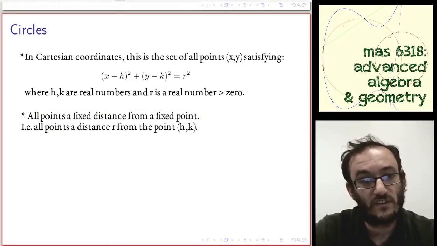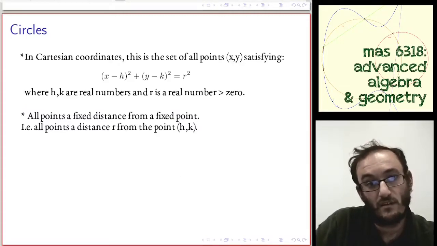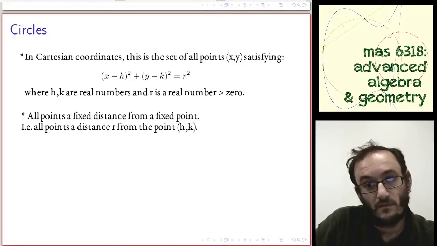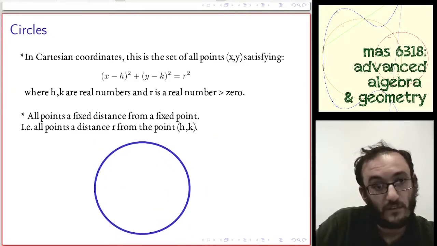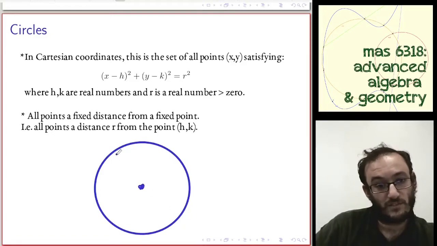Okay, we can draw a figure to illustrate this. So if we have a circle, let's make this blue. Okay, hopefully that's roughly circular. And we have this point, which is roughly in the middle.